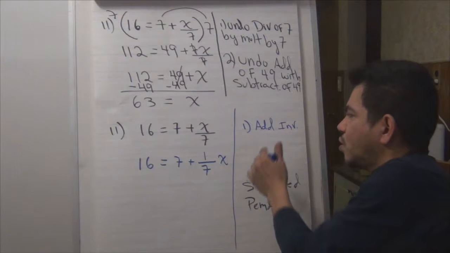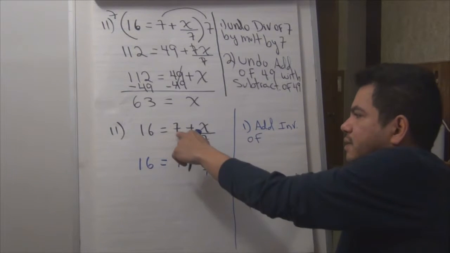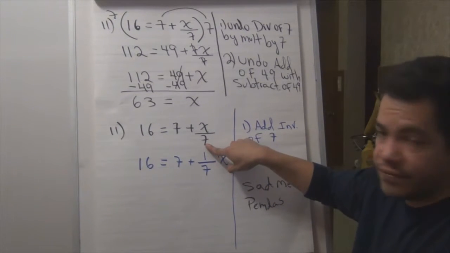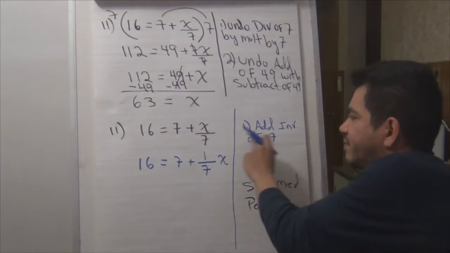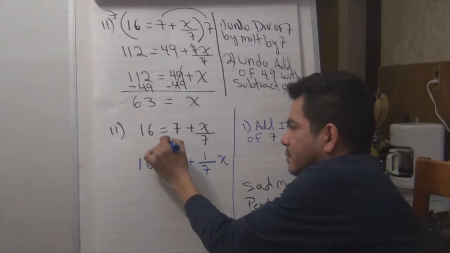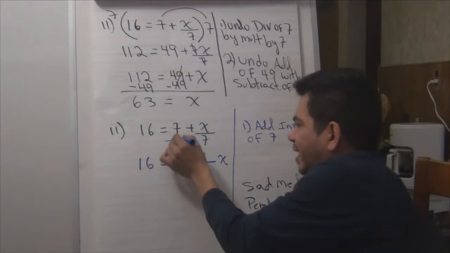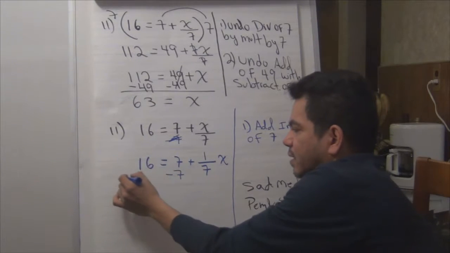Right? So I'm going to use the additive inverse of 7. Because definitely this 7 is just dividing. This is the 7 that is adding. So what is the additive inverse of 7? Here. I'm going to use the additive inverse of 7.